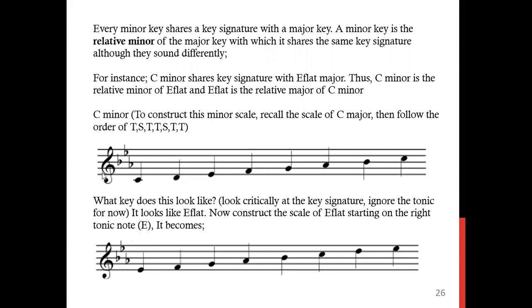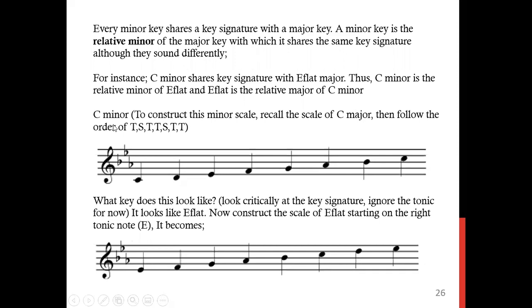That's what I was trying to explain down below here. For instance, C minor shares key signature with E flat major. Thus, C minor is the relative minor of E flat, and E flat is the relative major of C minor.